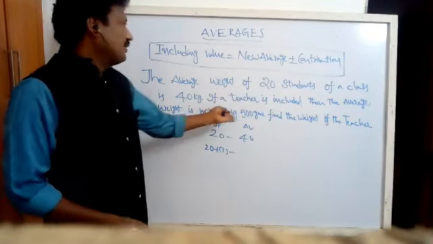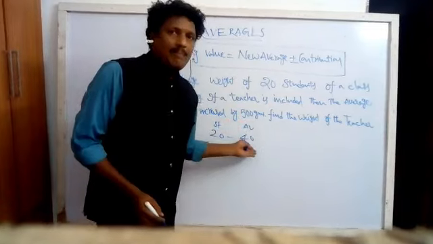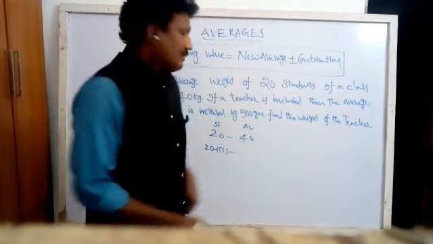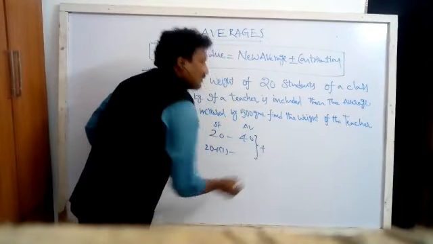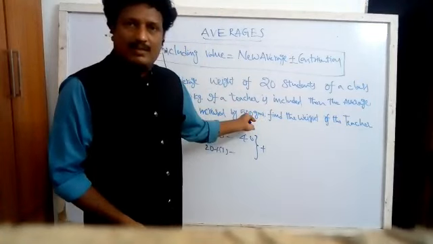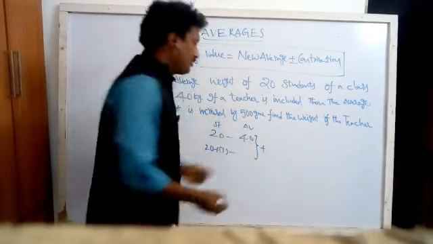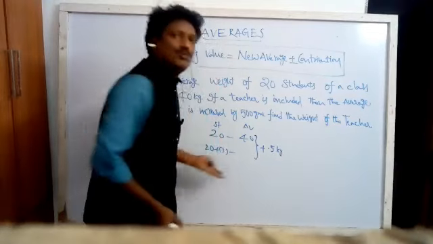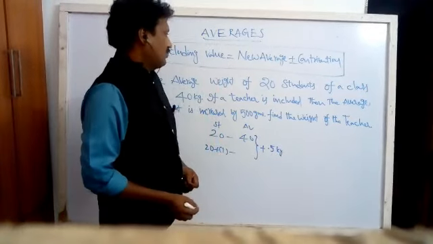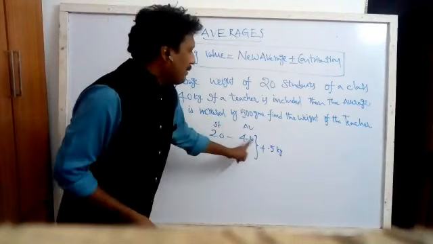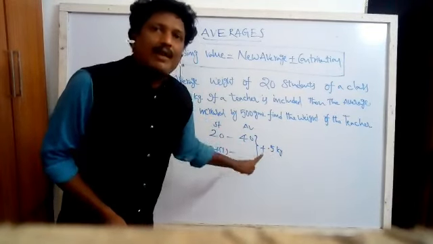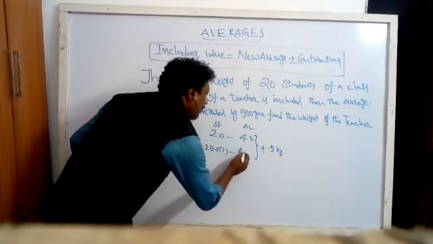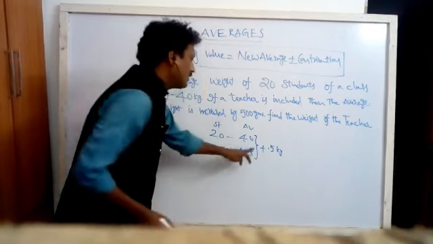The average weight is increased by 500 grams. That means the average increases. So 40 plus 500 grams, which is nothing but half a kg, 0.5 kg. So 40 plus a half means 40 and a half, that means 40.5. This is the new average.